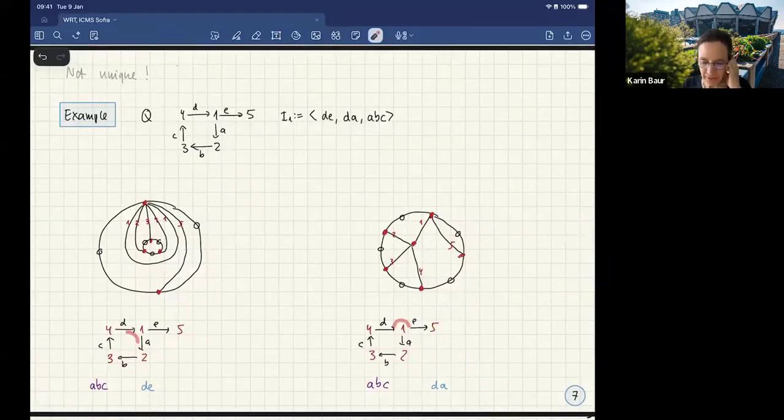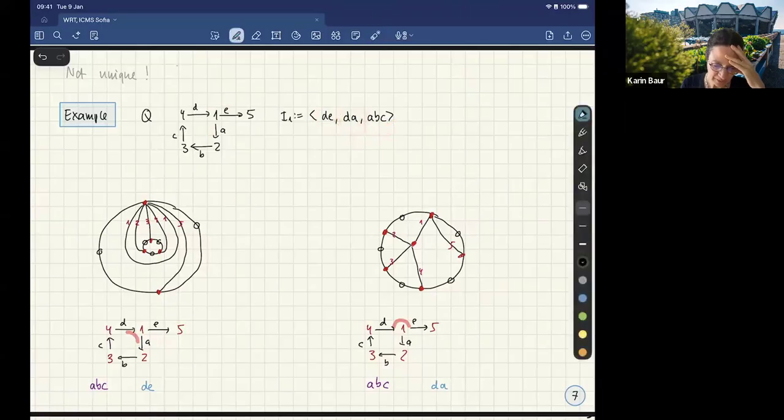So this string algebra, we had the long relations. This has to be removed immediately, but then we had too many relations at one vertex. So we can either remove DE or DA. And here we removed DE and remove DA.